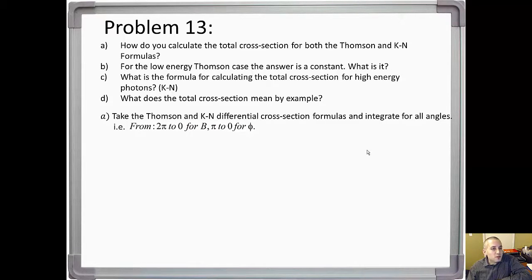Essentially, you take the Thomson formula and the Klein-Nishina formula, and you integrate both formulas with respect to all angles, so from 2π to 0 for θ and π to 0 for φ. I'm not going to perform the calculation. For Klein-Nishina, it's about, I think, a page long, and Thomson is about half a page. I think too, if that was on a test, the instructor would probably give you a heads up.